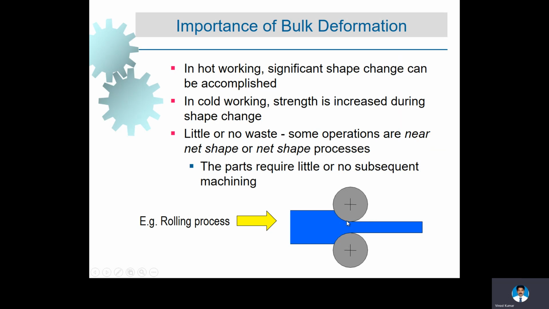As the material is fed between the rollers, there is a compressive stress acting between the roller and the specimen to be reshaped, and this compressive stress will induce a plastic deformation of the material, and the material will get deformed and we will get the final finished product.